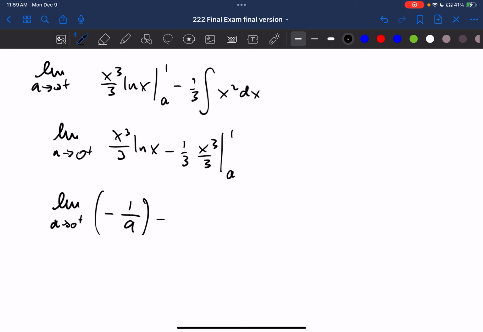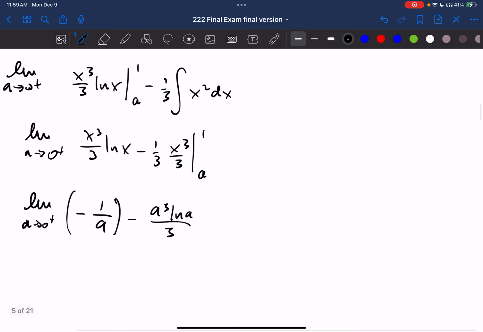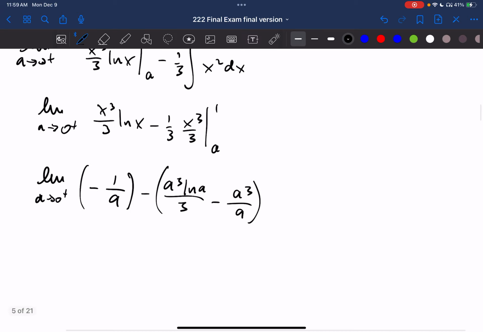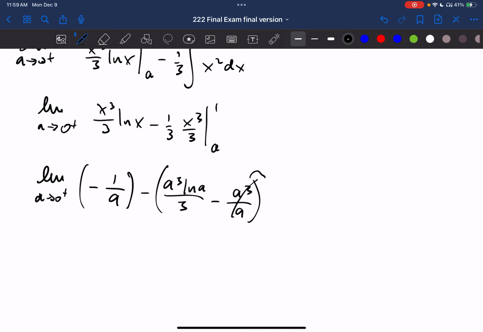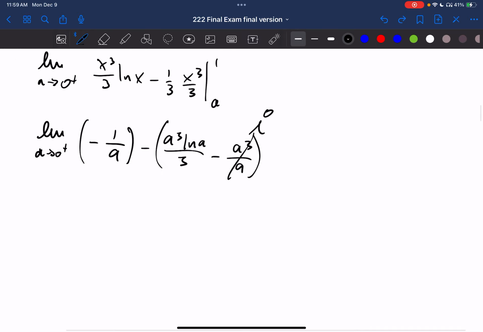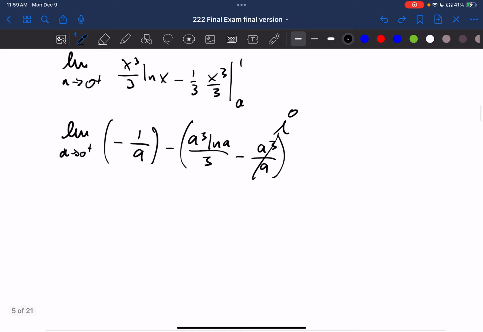We're going to get this minus, plugging in a for everything, a to the third power ln a divided by 3, minus a to the third power divided by 9. Notice this right here, this term will go to 0 as a goes to 0. But we don't know what happens to this term, so we need to do some algebra.